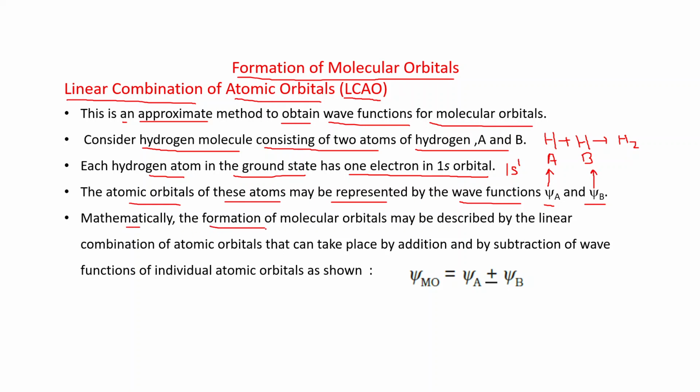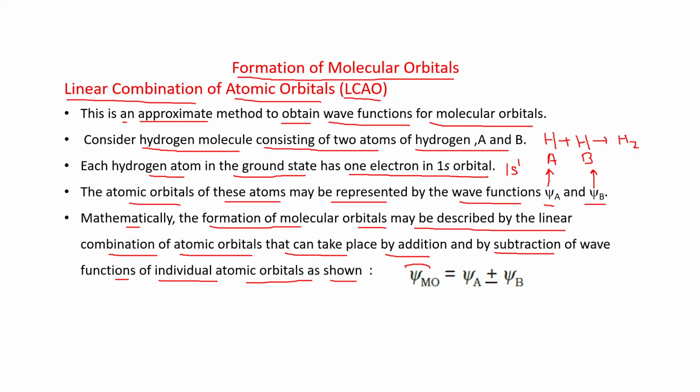Mathematically, the formation of molecular orbitals may be described by the linear combination of atomic orbitals, which can take place by addition and by subtraction of the wave functions of the individual atomic orbitals, as shown.